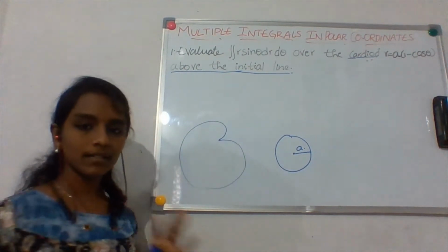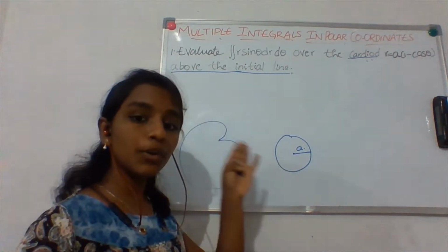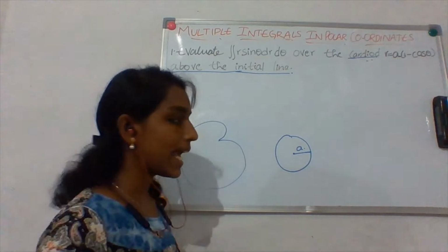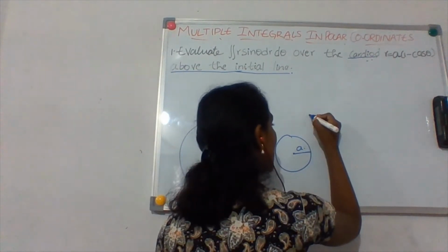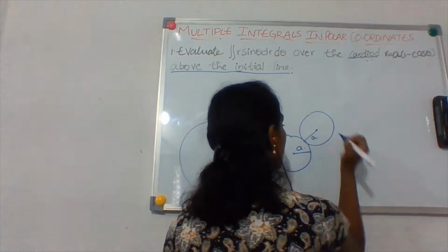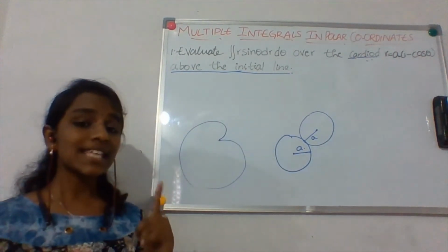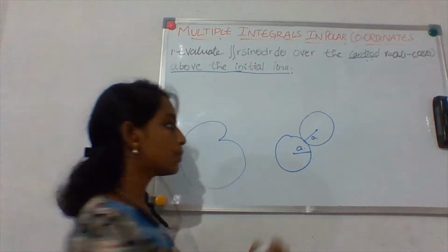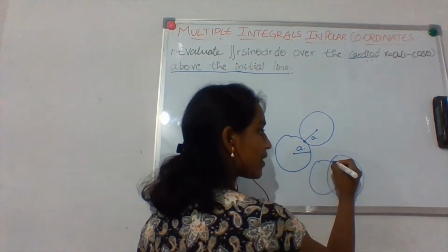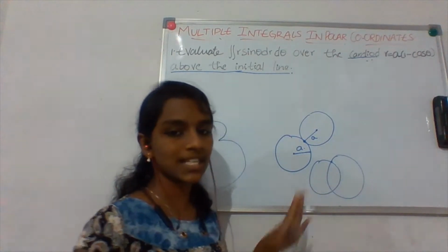Let us see how to draw it. If this is a circle of radius A, you have to take another circle above this circle with the same radius A, such that there is only one intersection point. You are not supposed to take two circles like this, because this contains two intersection points.